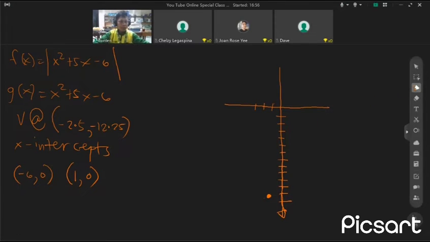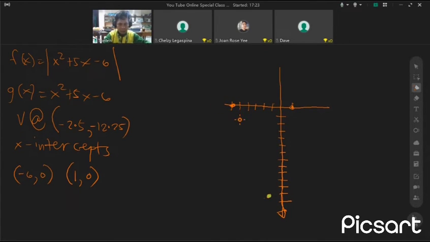We'll change the color to green. This is the vertex. And we have the intercepts at negative 6, 1, 2, 3, 4, 5, 6, negative 6 and 0, and positive 1.